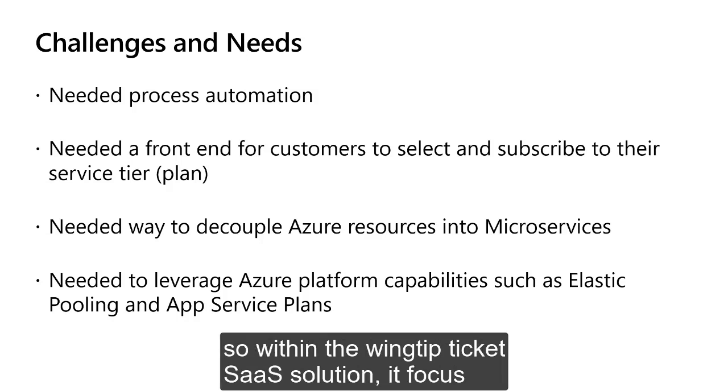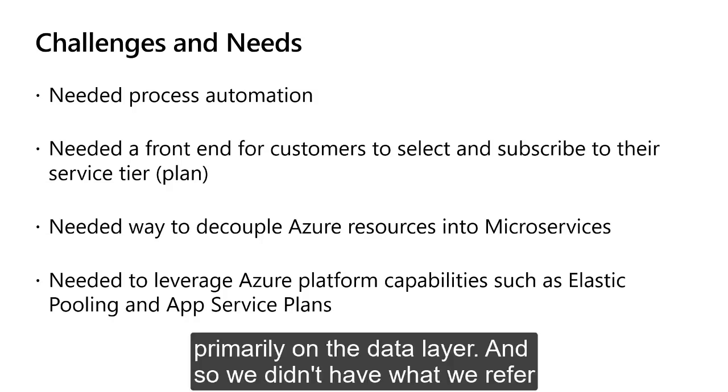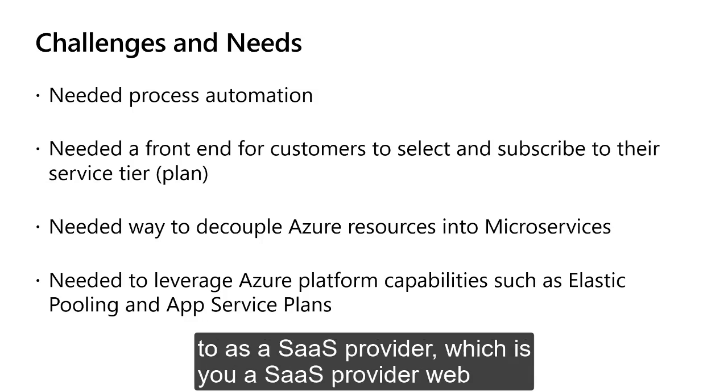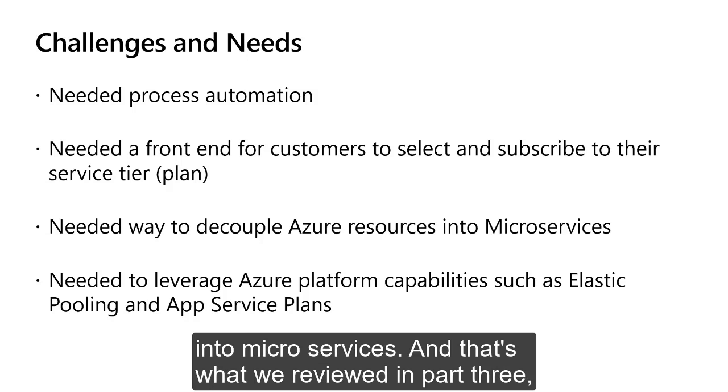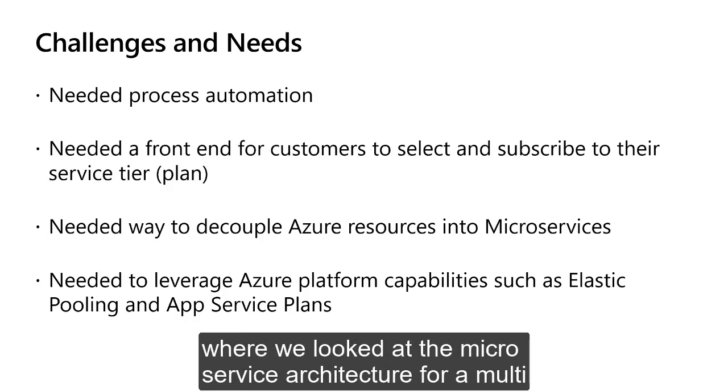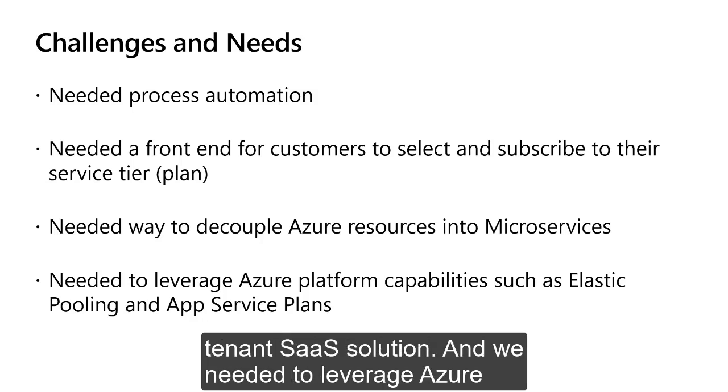Okay, so within the Wingtip Ticket SaaS solution, it focused primarily on the data layer, and so we didn't have what we refer to as a SaaS provider, which is you, a SaaS provider web application. We needed a way to decouple the Azure resources into microservices, and that's what we reviewed in part 3, where we looked at the microservice architecture for a multi-tenant SaaS solution.